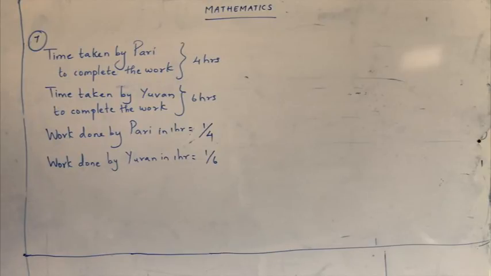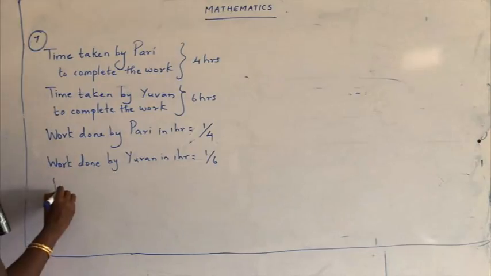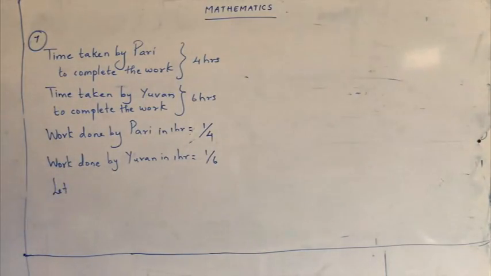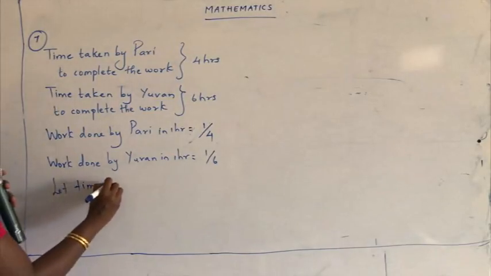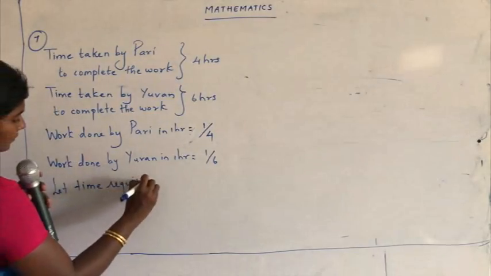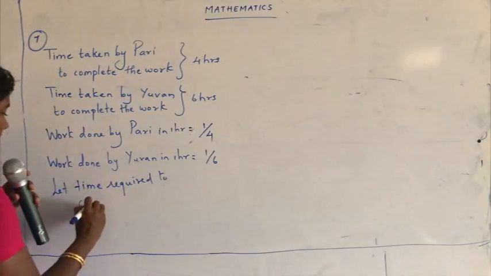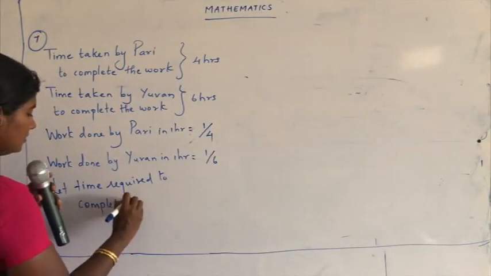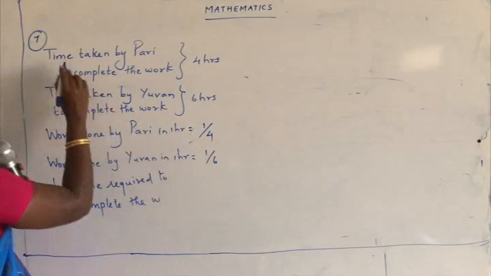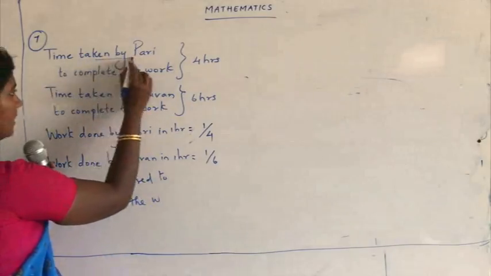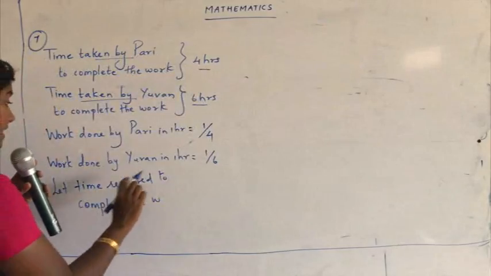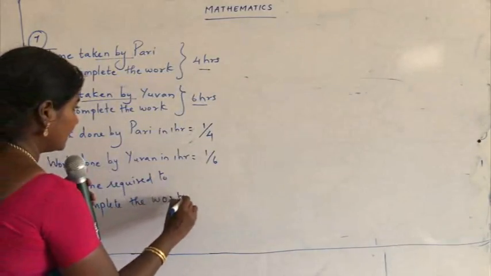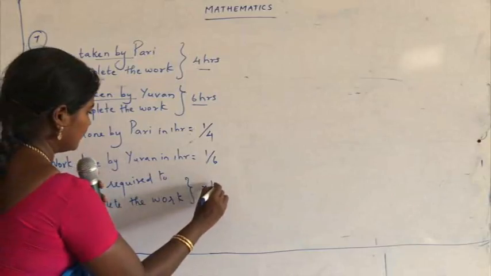Let the time required to complete the work be x hours. Time taken by Pari is 4 hours, time taken by Yuvan is 6 hours, and the time required to complete the work together is x hours.